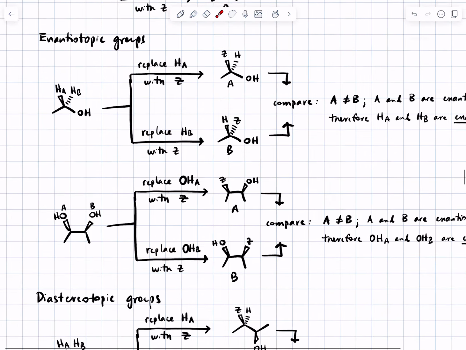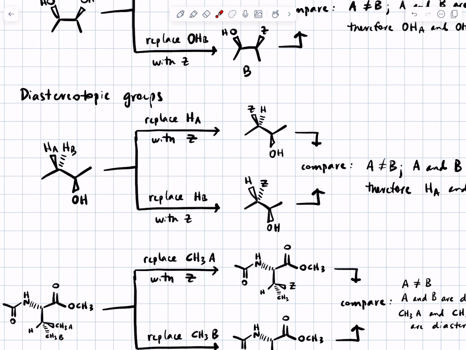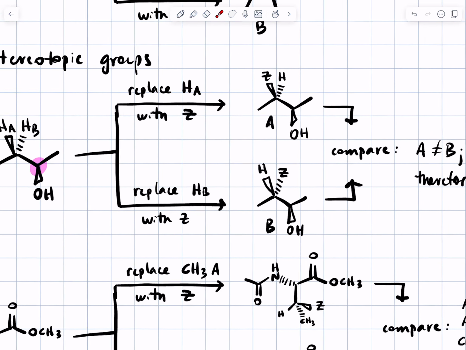Now, this last one may be the most useful example of the thought experiment. If you want to know if two protons are diastereotopic, protons A and B in a molecule that already has a stereocenter, replace proton A with the Z group, draw that, now we've got molecule A. Replace proton B with the Z group, now we've got molecule B. Compare those two molecules.